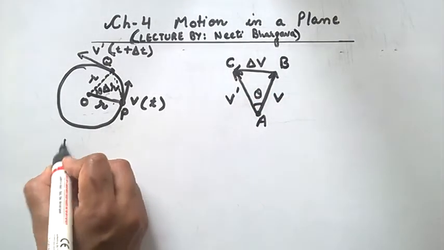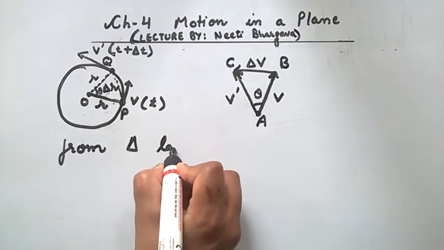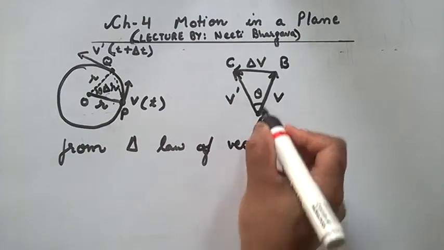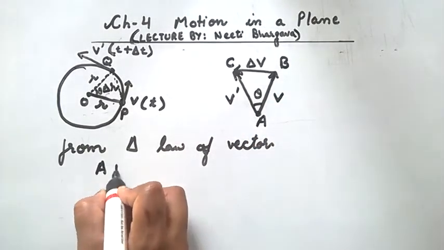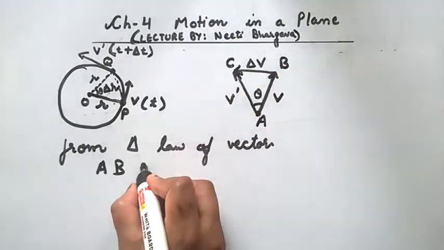Now from the triangle law of vector addition, we can write the equation of this triangle, that is AB plus BC gives AC.